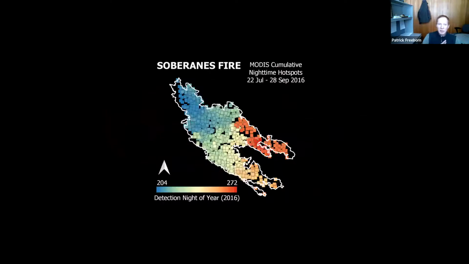And if you spatially and temporally intersect the active fire pixels with that atlas, it enables you to attribute the active fire pixels to a specific wildfire. In this case, the Soberanes fire, and this shows the nighttime progression observed by MODIS between July 22nd and September 28th, 2016.